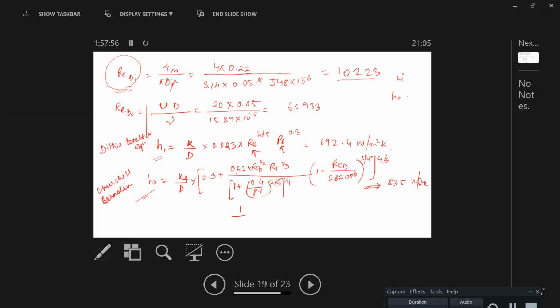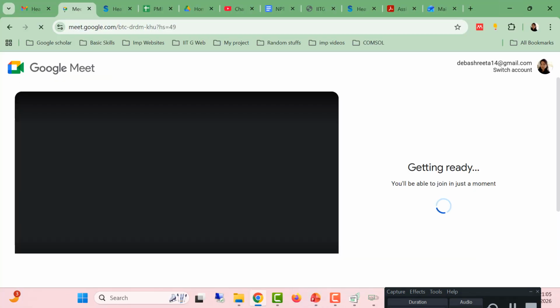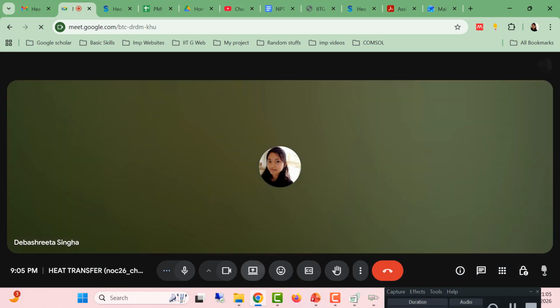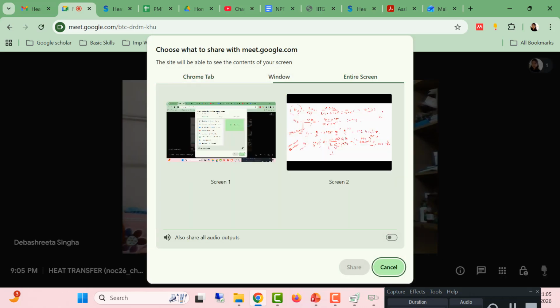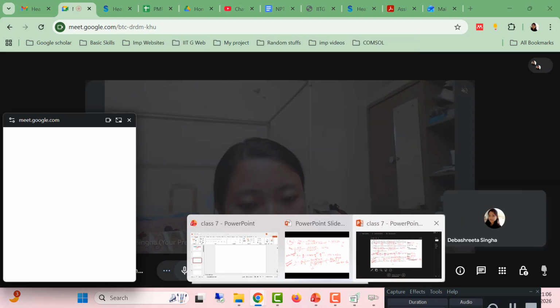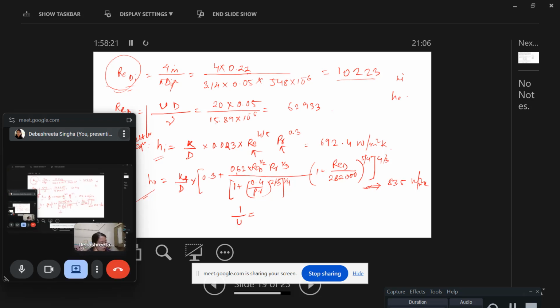Now we have to find the overall coefficient, which we can find out as 1 by h_i plus 1 by h_o.